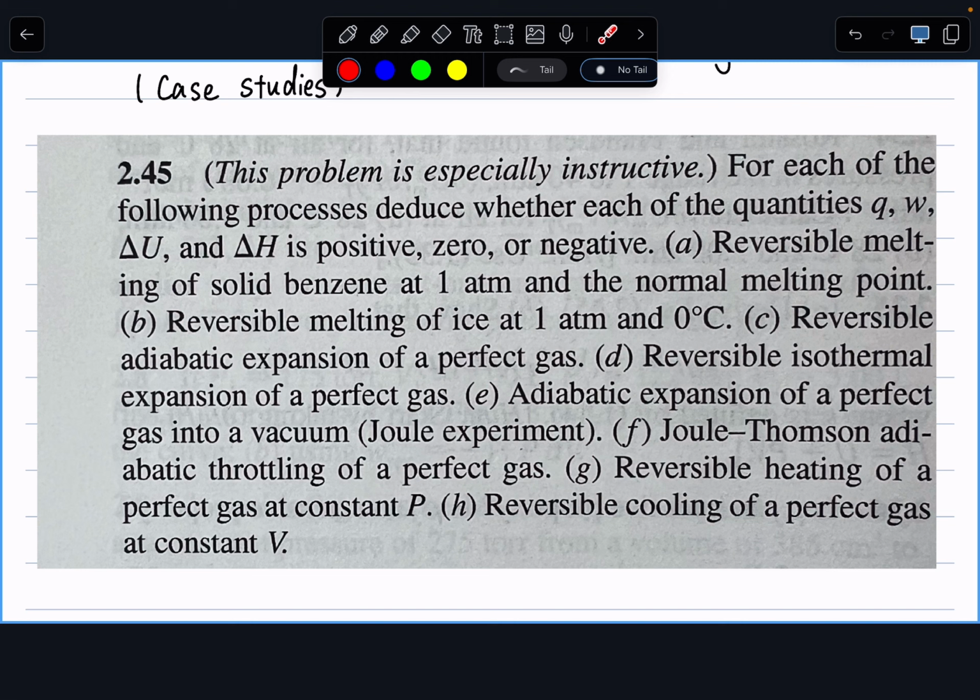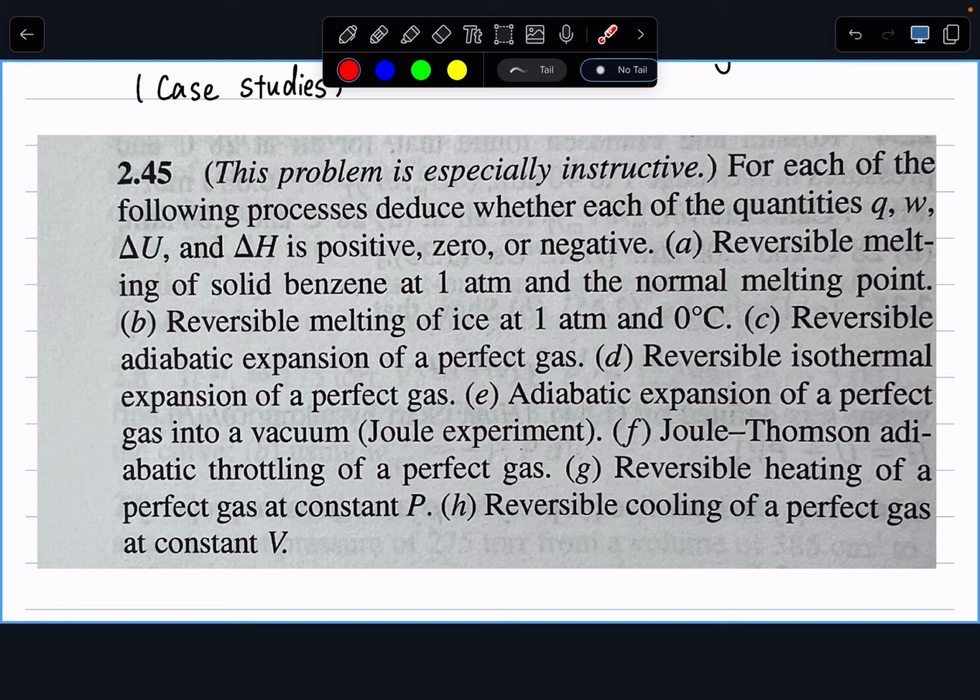So, question A. Let's read it together. What do we have? We're talking about a reversible melting of solid benzene at 1 atm and normal melting point. So in this case, it's giving us that the melting is taking place at 1 atm and normal melting point.